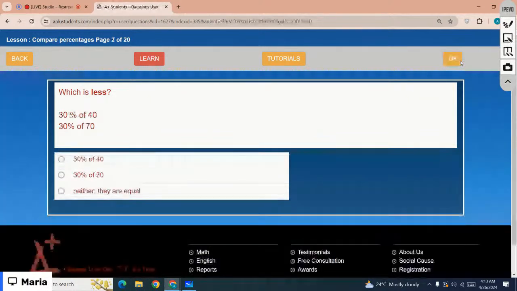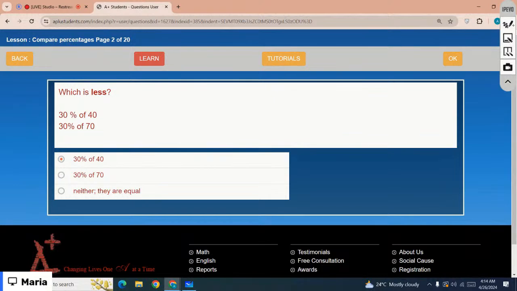Which is less, 30% of 40 or 30% of 70? Which is less? 30% of 40 is less.